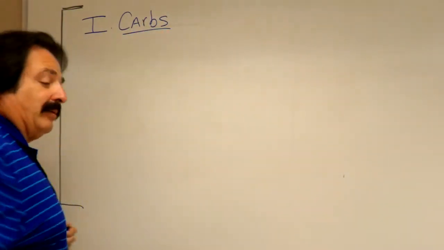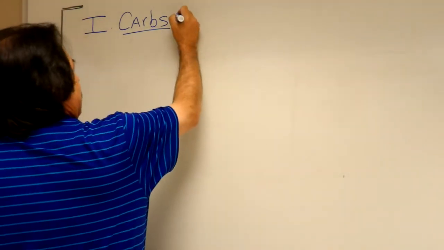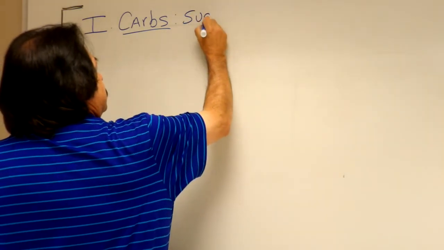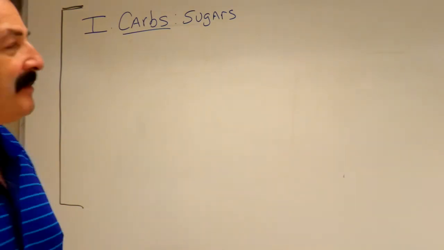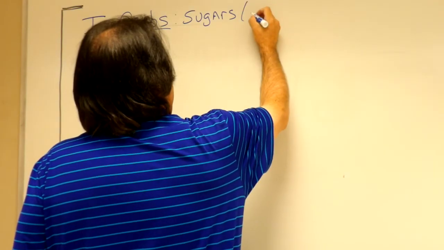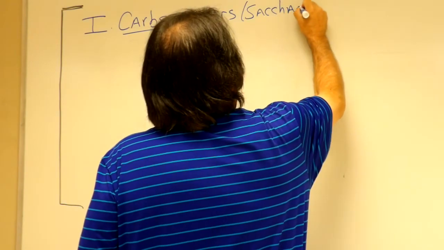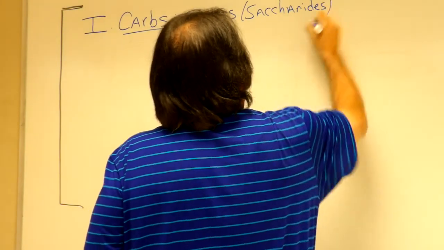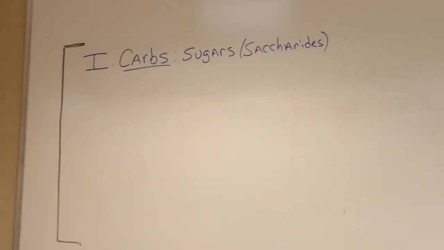I'm going to abbreviate carbohydrates as carbs. All right, so what are carbs? Carbs are sugars. And these sugars have a fancy name other than the word sugar. They call them saccharides. So all three of those words basically mean the same thing.